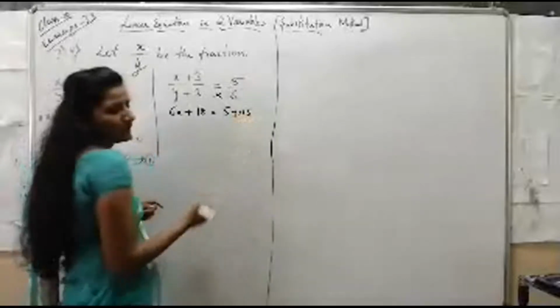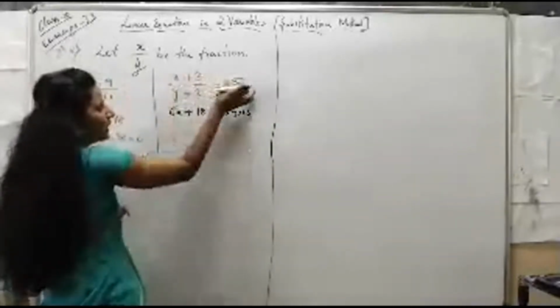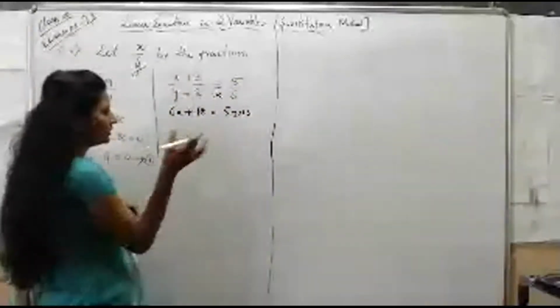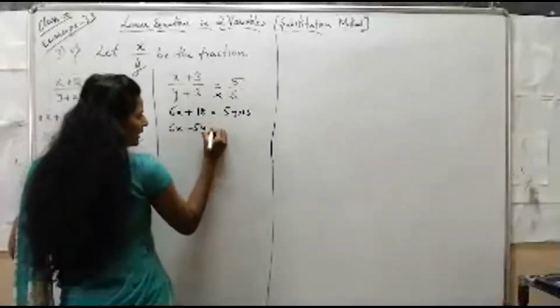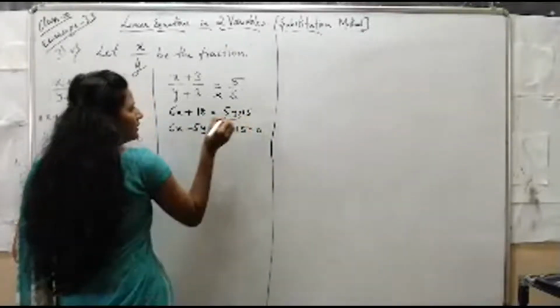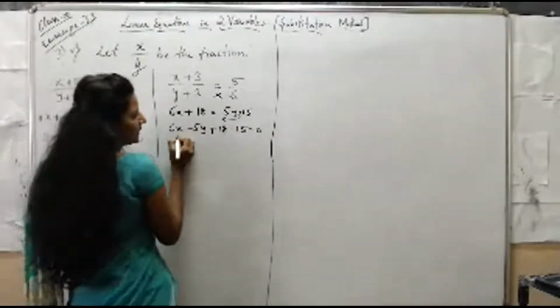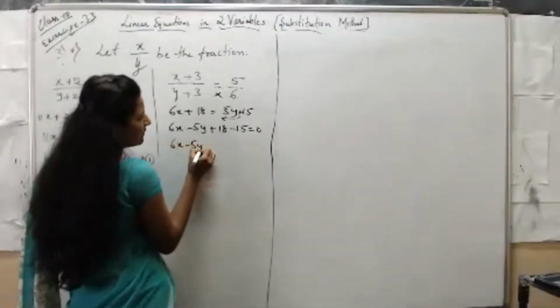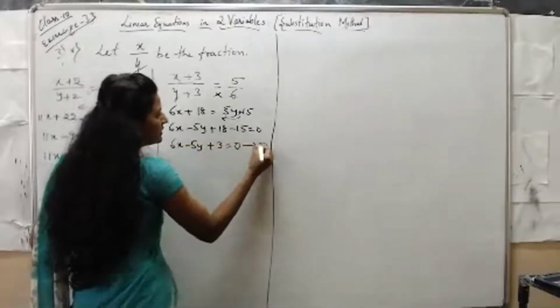I am writing directly. 6 into x plus 3, 5 into y plus 3. No need to do all this, if you know, you can write directly. Minus 15, everything transferred to the left side. 6x minus 5y plus 3 is equal to 0. Take this as equation 2.